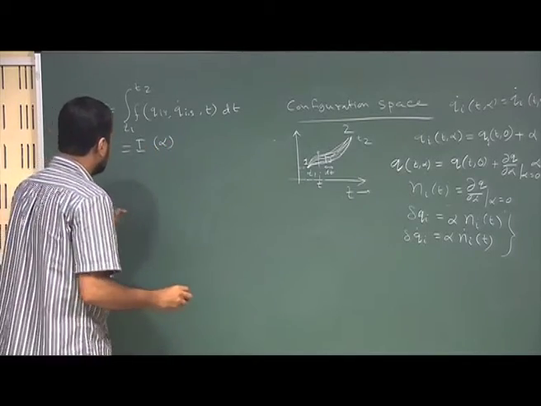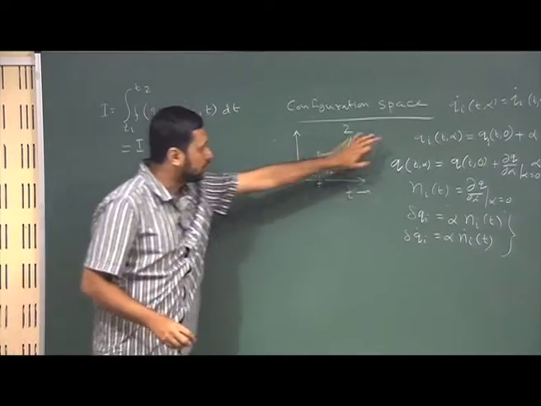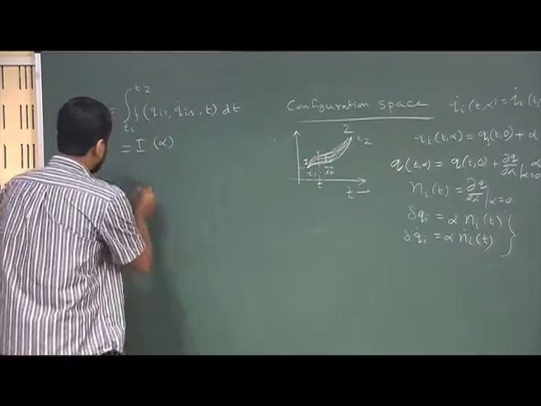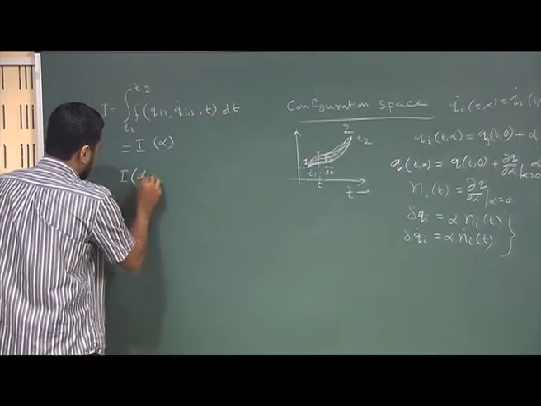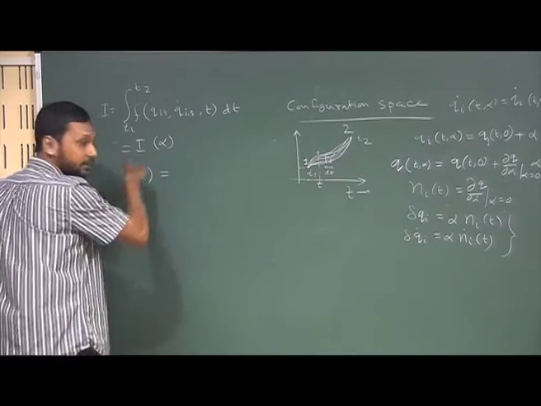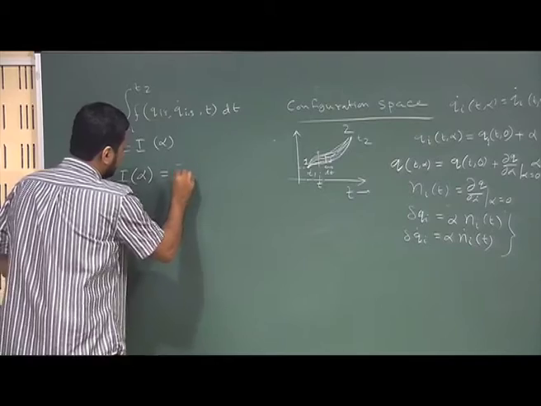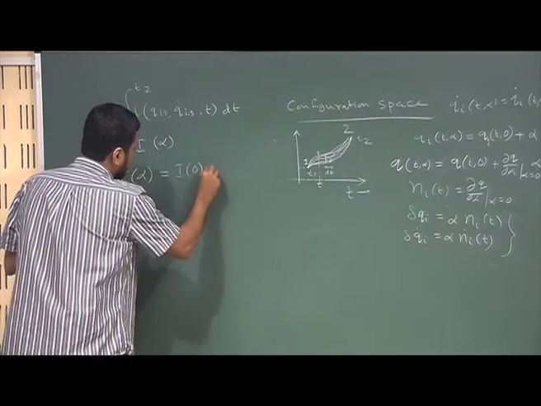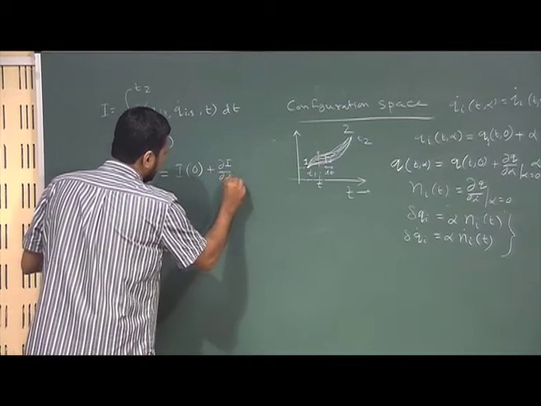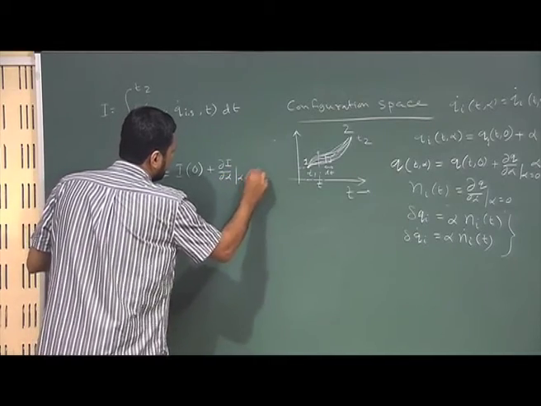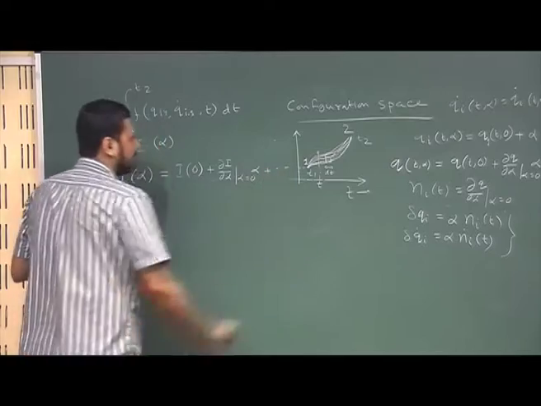Just like we did in the case of coordinates and velocities, we can expand this integral in a Taylor series around alpha equal to 0, with del I del alpha at alpha equal to 0 times alpha, and we can neglect the higher terms.